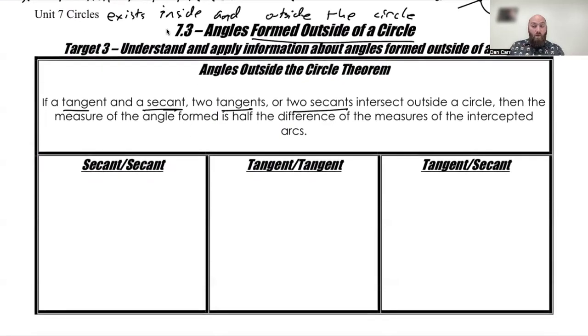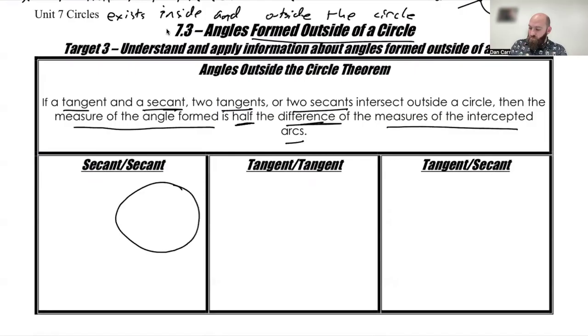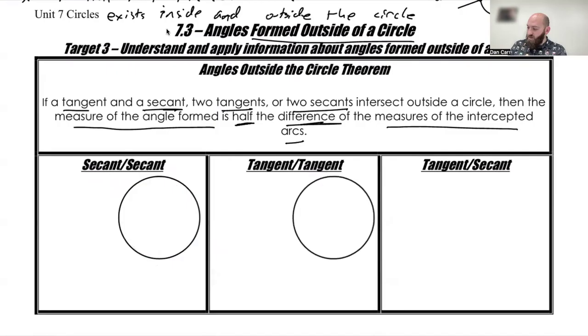So when we have these different intersections, the measure of the angle formed is half the difference of the measures of the intercepted arcs. So I'm going to draw my secant, and let's have the same circle each time, and one more. There we go.